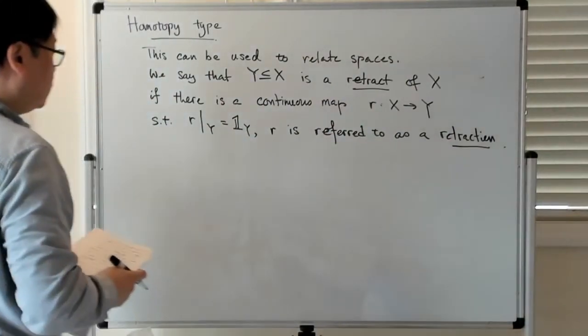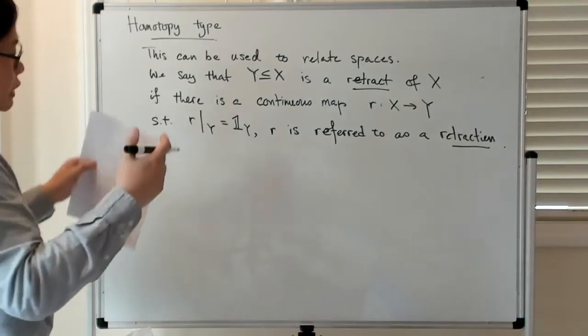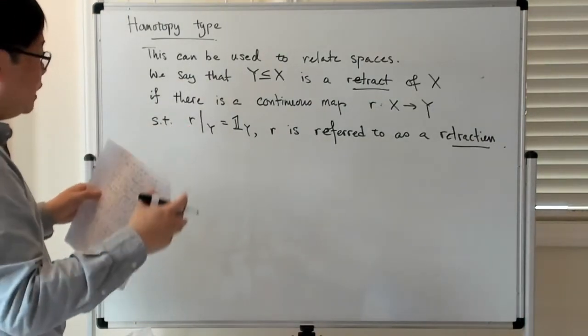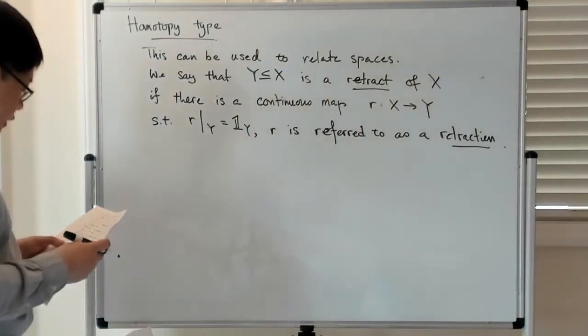Okay. All right. And then a deformation retraction is a way to smoothly go from the identity on X to this retract here.